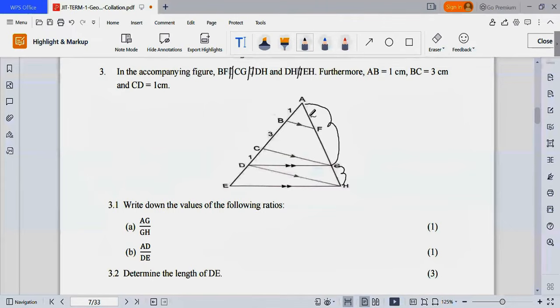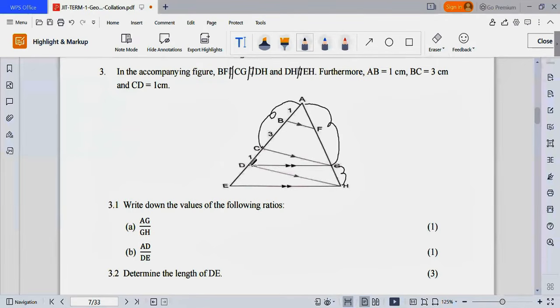Looking at it from this angle, we can see that AG went all the way and came across this parallel line here, which is CG. So we're just going to go along with this line here, and there we go. It leads us to this side, AC. And then from here, we can see GH.